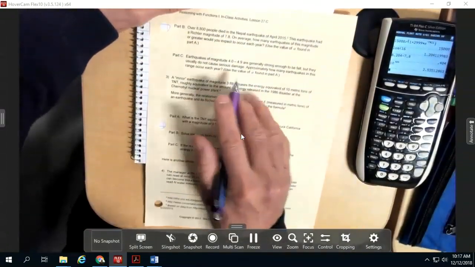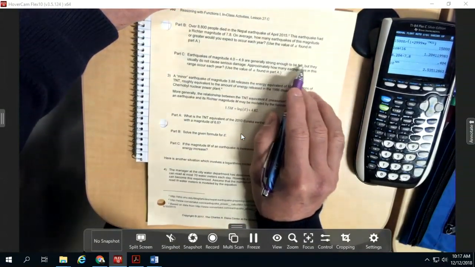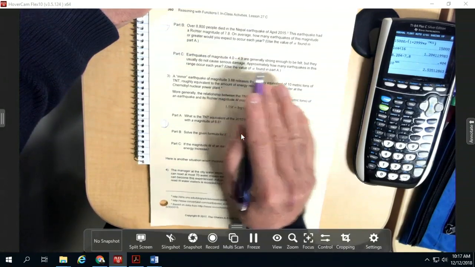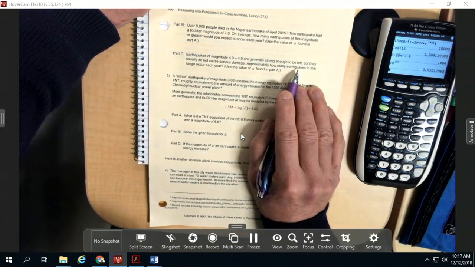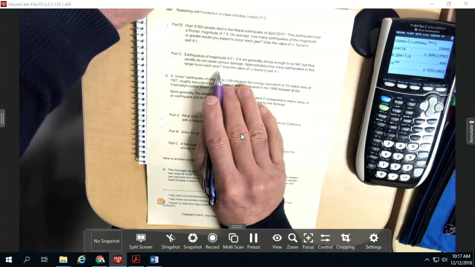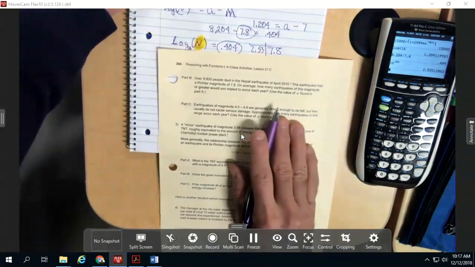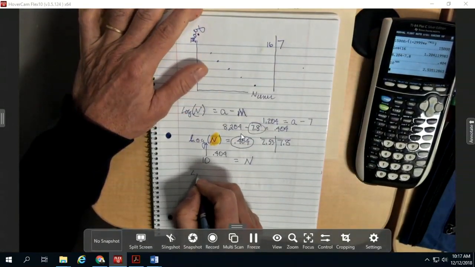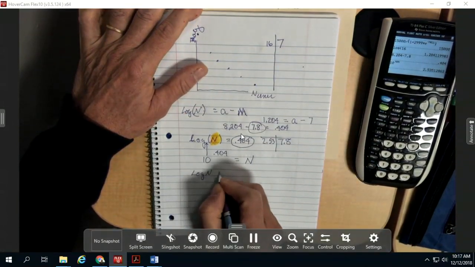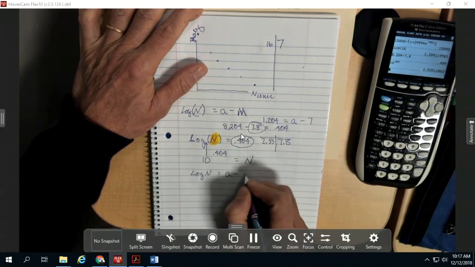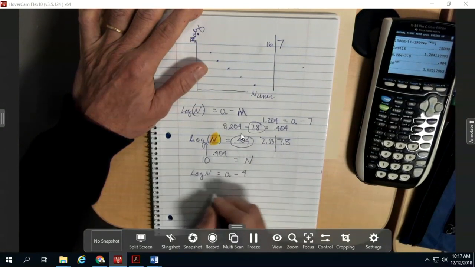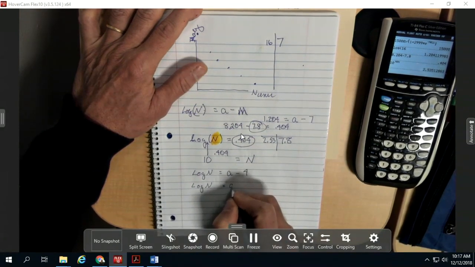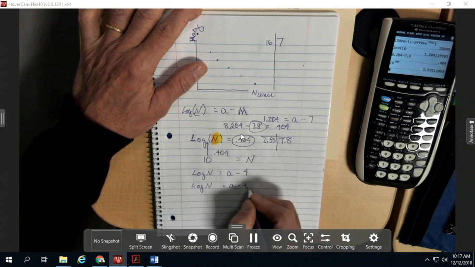Earthquakes of a magnitude 4 to 4.9 are generally strong enough to be felt, but they usually do not cause serious damage. Approximately how many earthquakes in this range occur each year? So we have two log problems to solve. One of them is the log of n is a minus 4, and the other one is the log of n is a minus 4.9.